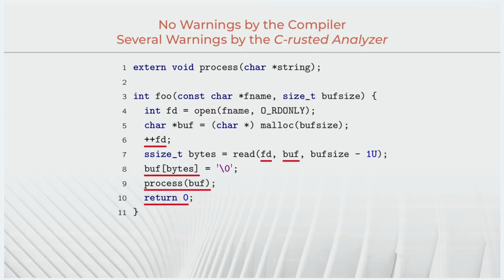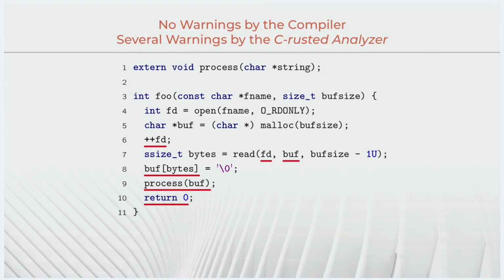Or it can be a file descriptor, meaning a small integer that is basically a handle to the file in some operating system structure. Well, even though a file descriptor is implemented as an int, it's not an int, meaning that, as it is done here in line 6, if you try to increment the file descriptor, you're actually invalidating it.